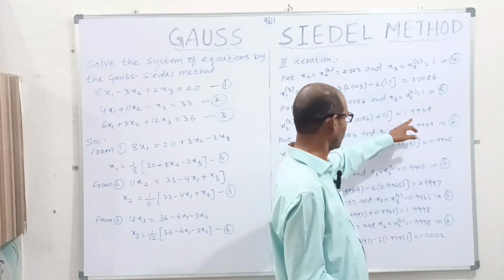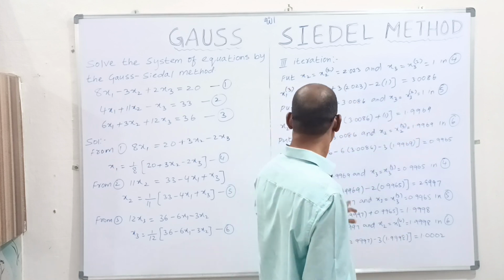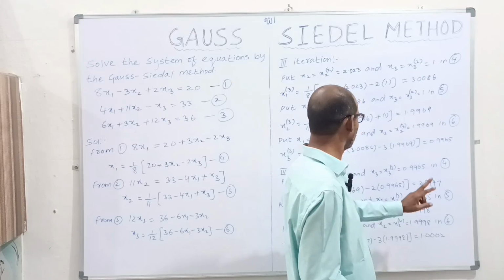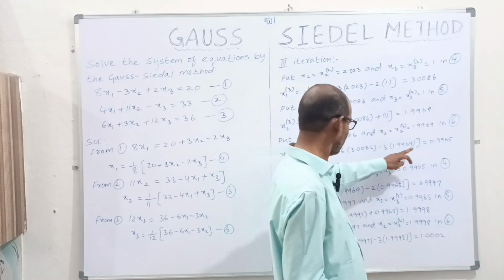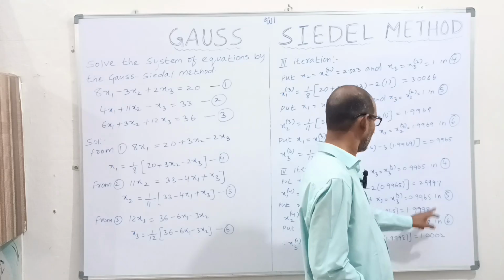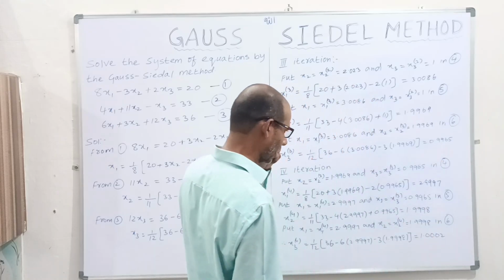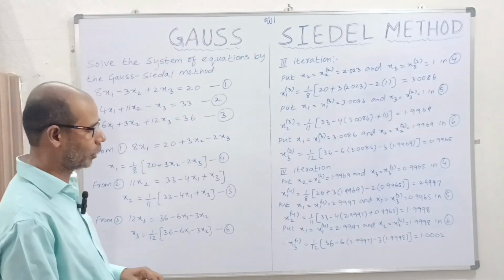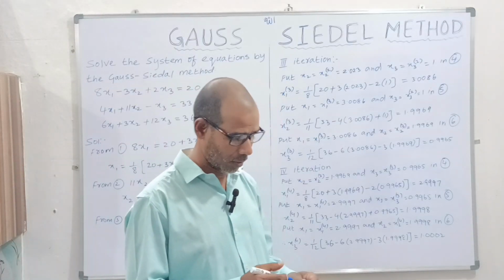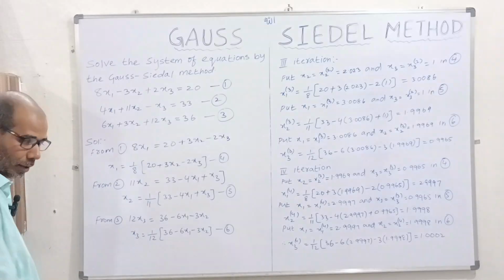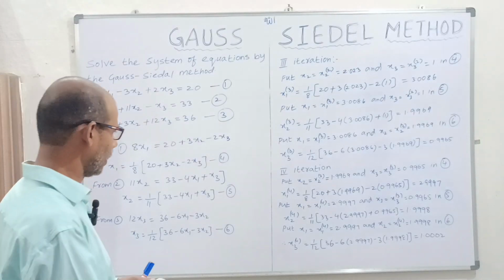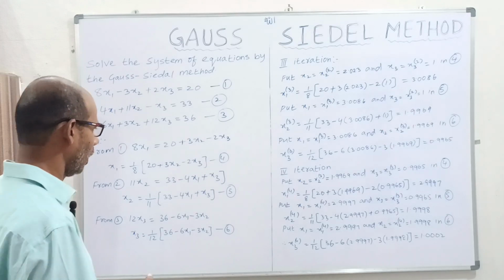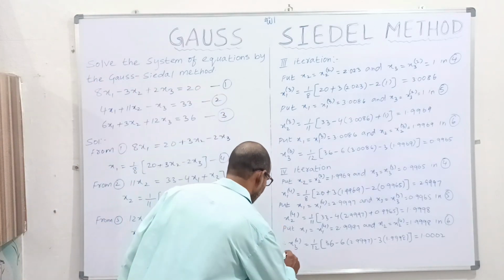The x2 value is 1.9969 and here we have x2 as 1.9998. Similarly, the x3 value is 0.9965. Here also they are almost nearer to each other. Okay, so therefore we will stop the iteration and write down the solution.